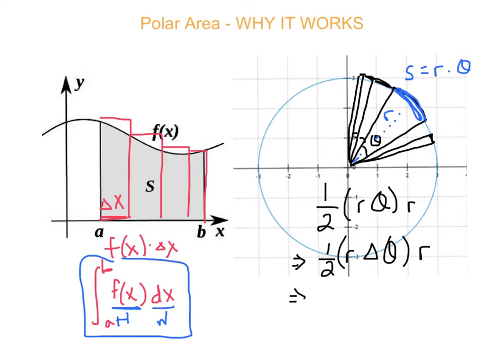Well, as we move towards integrating, similarly to before, when the delta x became a dx, now the delta theta will become a d theta. So r times r is r squared, d theta, and we will integrate.